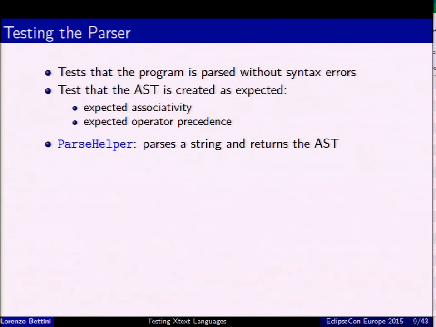It means that you can test the program is correct, without any syntax errors, but most of all you want to make sure that the abstract syntax tree, the runtime representation of the parsed program, is as expected. So with the right associativity of expressions, multiplication comes before additions, for instance, with the operator precedence. And to do that, you just inject this ParseHelper that Xtext provides for you.